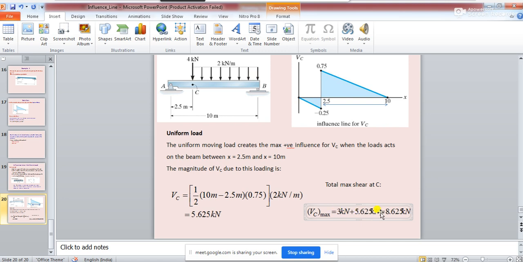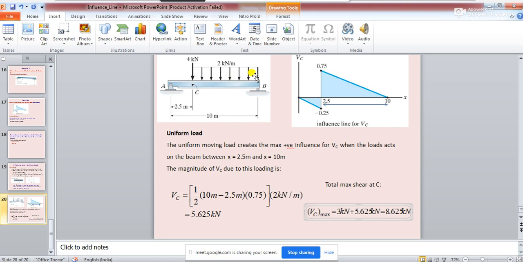Both these need to be added up, and that is going to give you the VC max, the maximum shear force value at this point C, because of the moving load together with this 4 kilonewton and 2 kilonewton per meter, which is having a length of 7.5 meter.